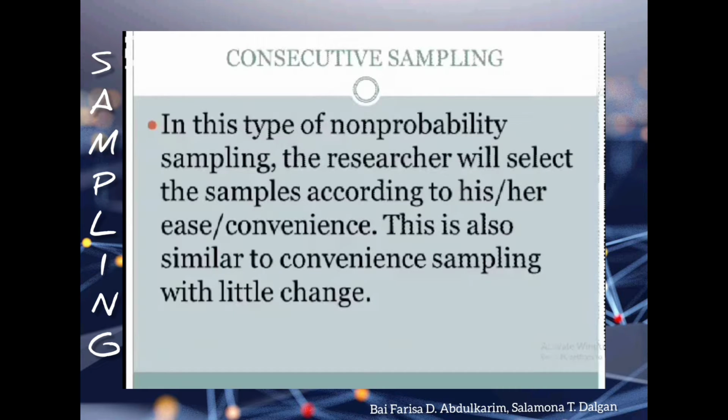Consecutive sampling. In this type of non-probability sampling, the researcher will select the samples according to his or her ease and convenience. This is also similar to convenience sampling with little change.